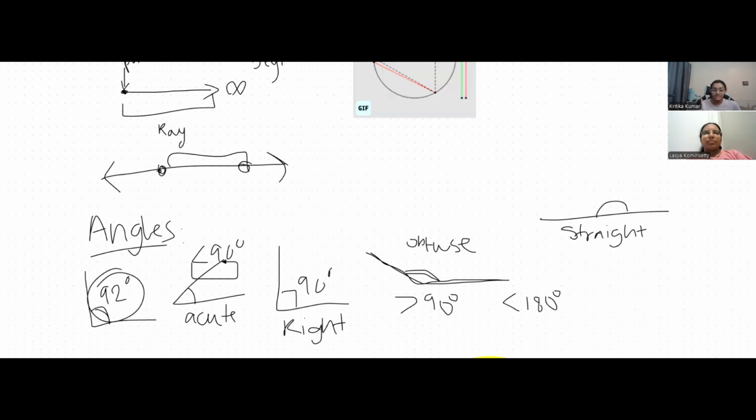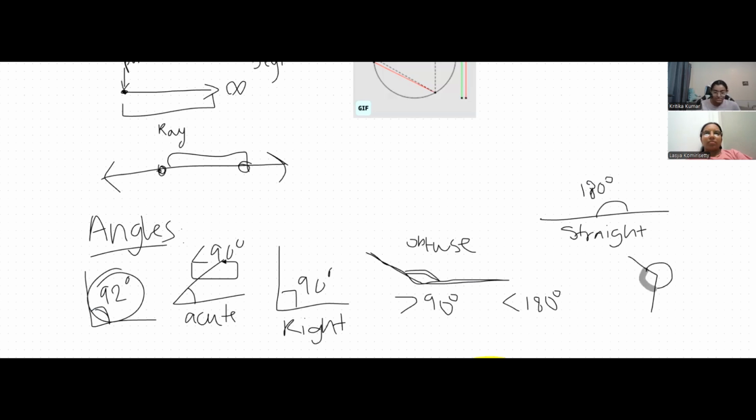Now, the next angle, which a lot of people get confused on, is a reflex angle, which is annoying because look, we have an angle that looks like this, right? And you'd probably look at this and go, well, this side of the angle is an acute or an obtuse angle.